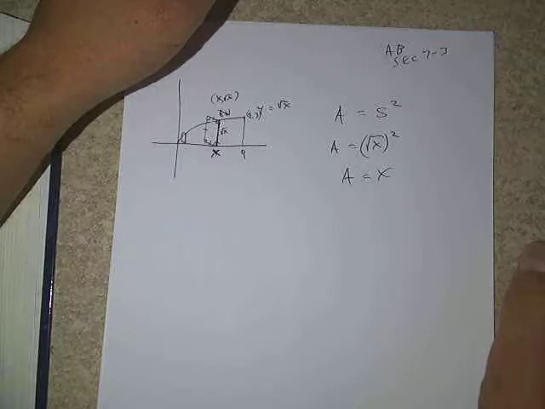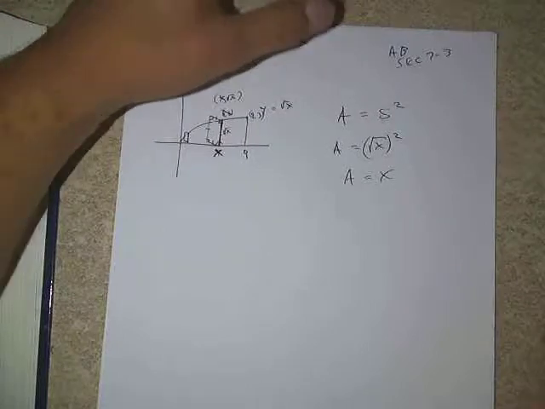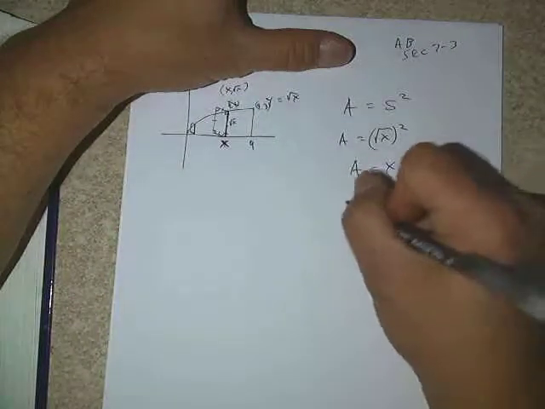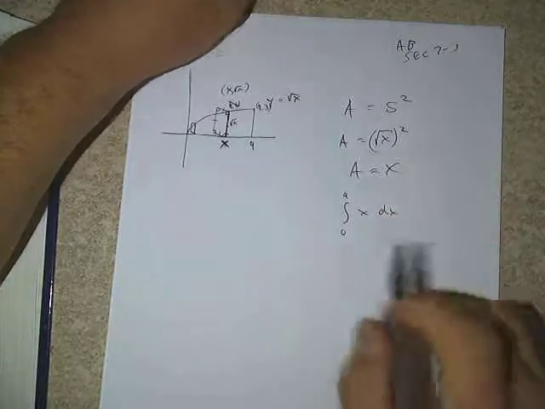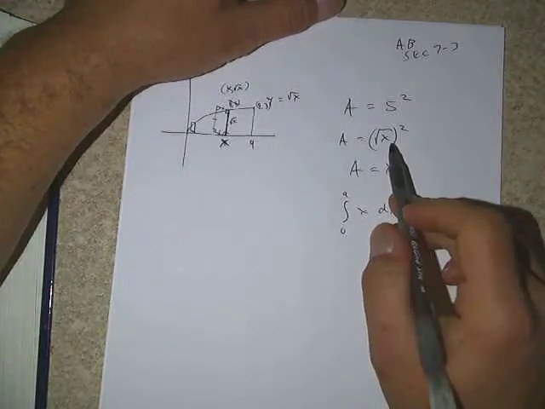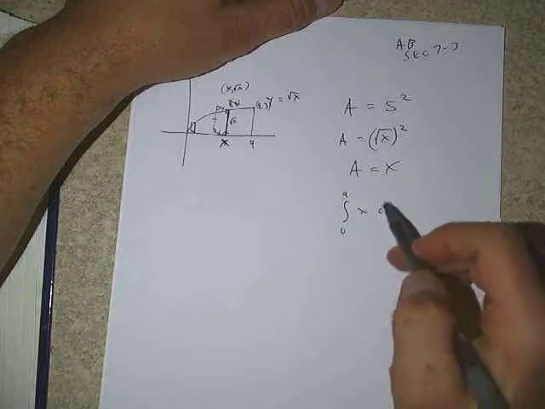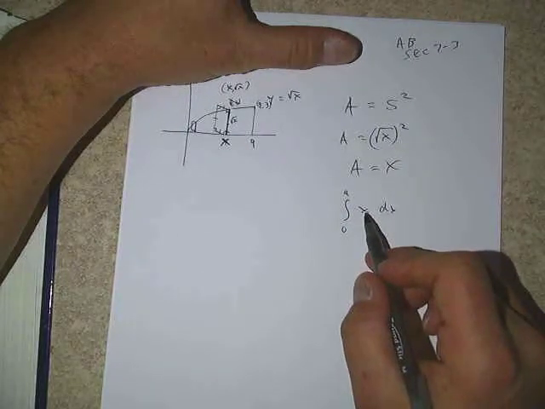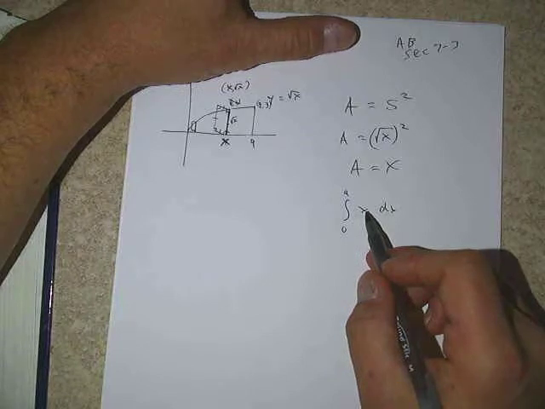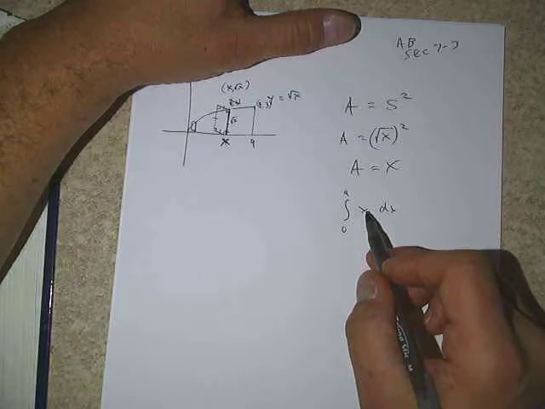Now, what would be the thickness of that square? Ultimately, if we want to find the area of all the squares together, we want the thickness to become infinitely thin, don't we? And therefore, it's going to become an integral, and we'll go from 0 to 9 of x dx. In general, like I said, it's going to come from s squared. Why is there no squared here? Because we already simplified the integrand.